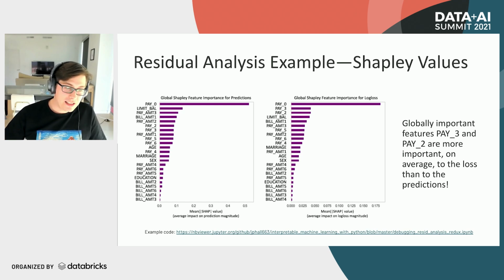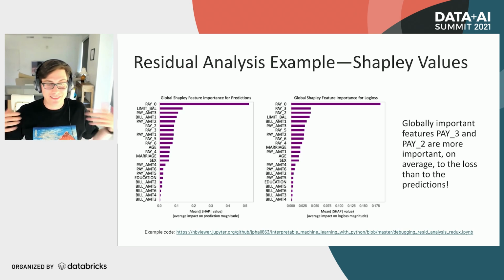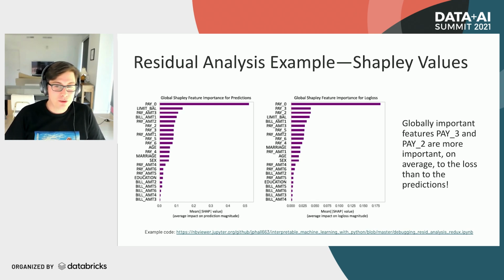And so I can actually see in this case that pay 3 and pay 2, third most recent and second most recent repayment statuses, are more important to errors or to the model loss than they are to model prediction. What does that even mean? So I think you'd probably want to consider dropping those variables and doing some tests around that. And you just never would have seen this looking at test AUC. And you can do this with the SHAP package in Python. I'm sure I used XGBoost.